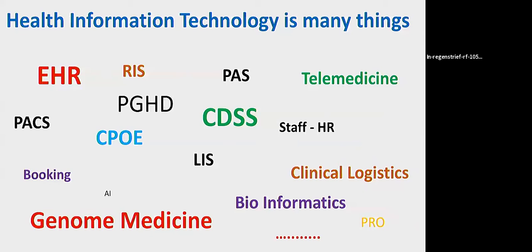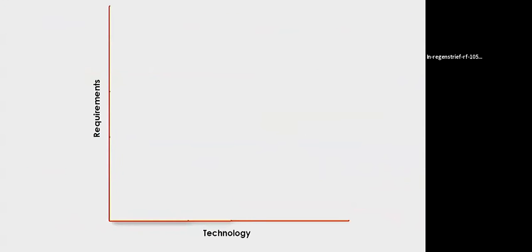If we look at it from a technology point of view and a requirements point of view, then the concept of technology can be close to certainty, or it can be far from certainty. If you look at the requirements, there can be consensus about them, they can be close to agreement, or they can be far from agreement.